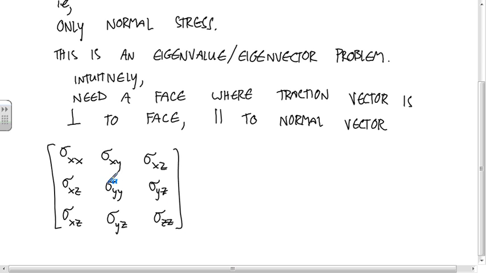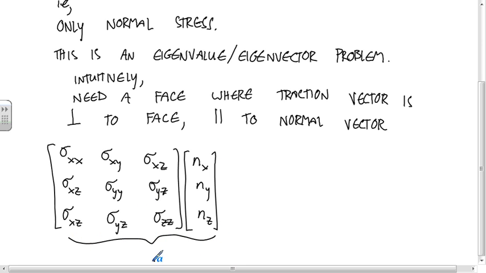And you want to find a face where, or basically, you want to find a normal vector, because that normal vector defines the face that you're calculating the traction on, right? So you want to find a unit normal vector, nx, ny, nz, where this multiplied together, this gives you the traction, is equal to some scalar value, just some number, times that normal.